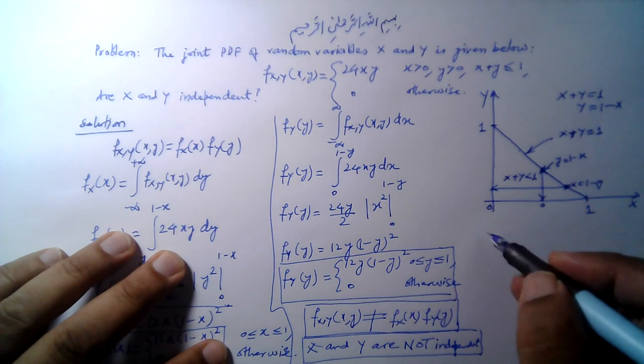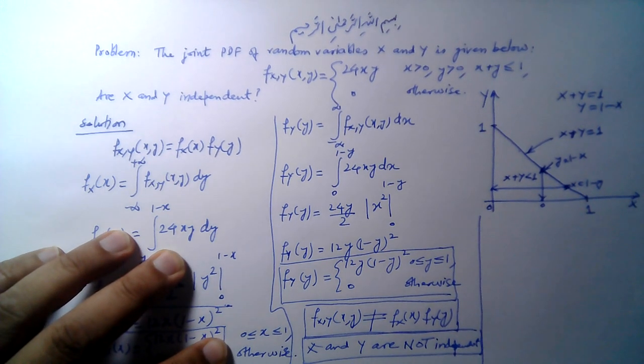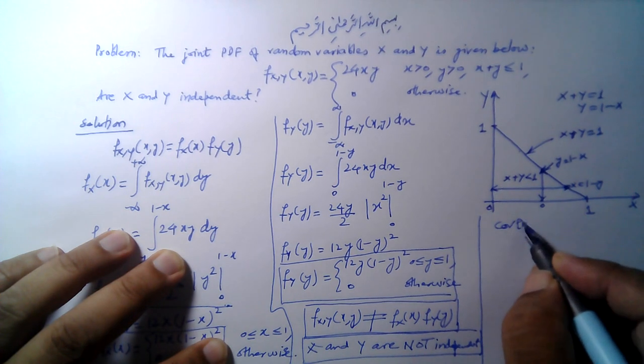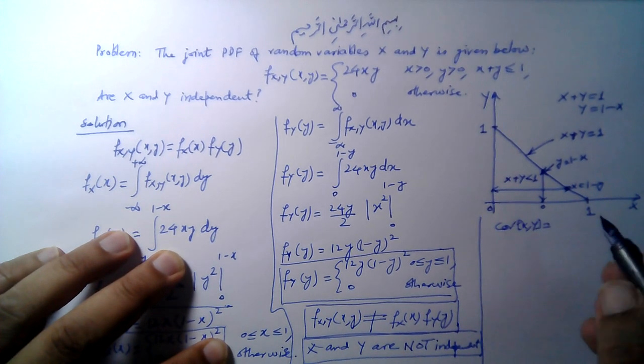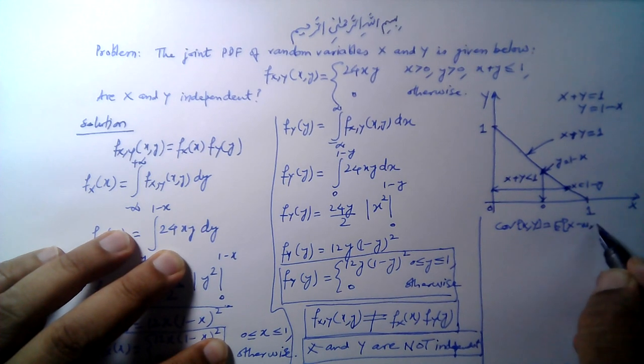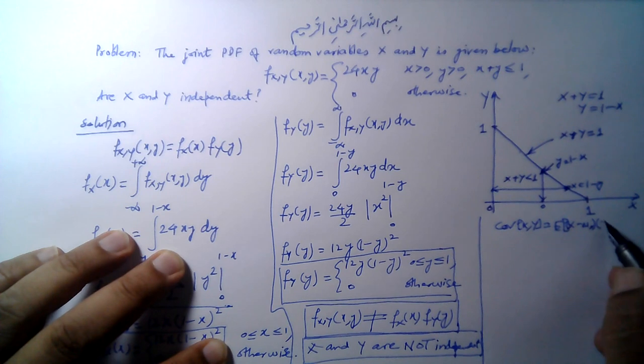So the formula for the covariance of the random variables x and y is given by the expected value of the function x minus mu x multiplied by y minus mu y, right?